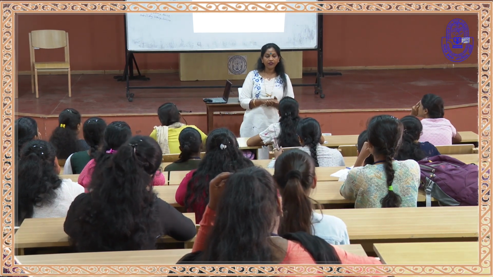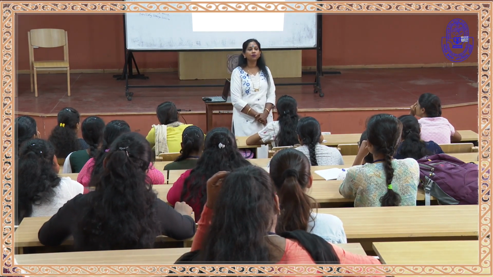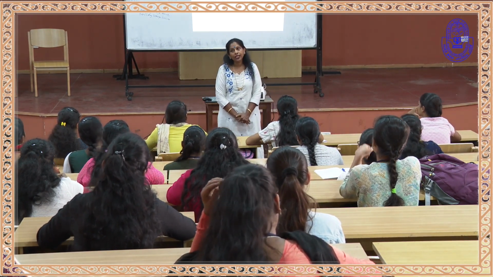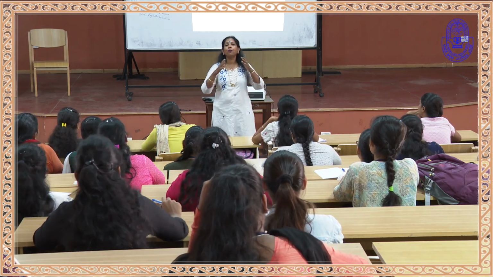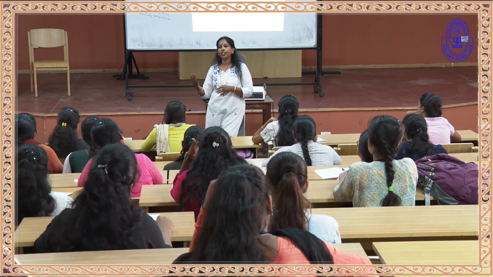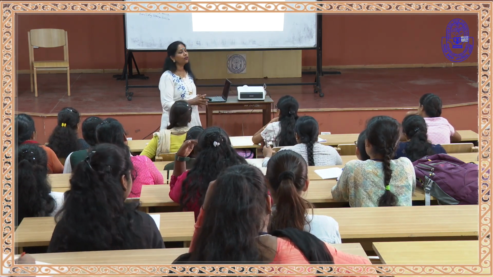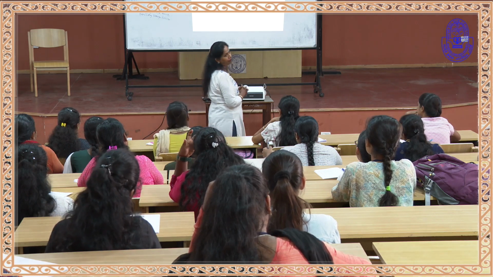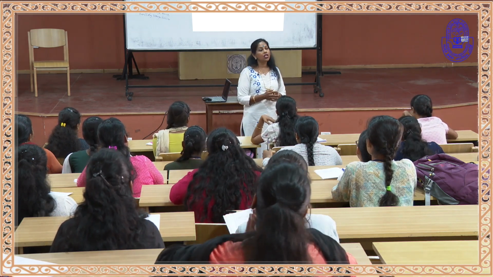So today's class you have understood, na? What do you mean by a computer? A computer is an electronic device which takes the input, processes it and gives the output as the result. Now, data and information. What do you mean by data? Raw facts or figures. Very good.